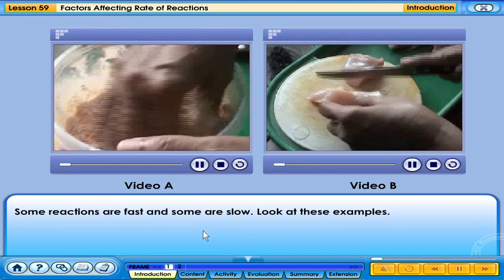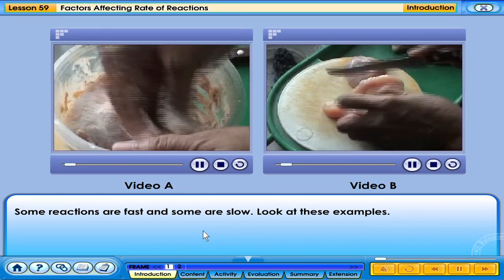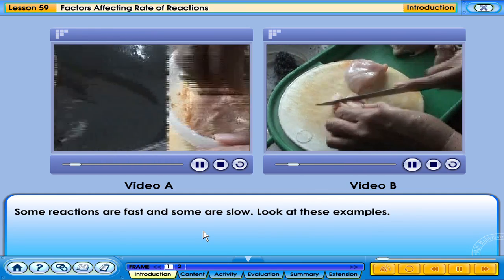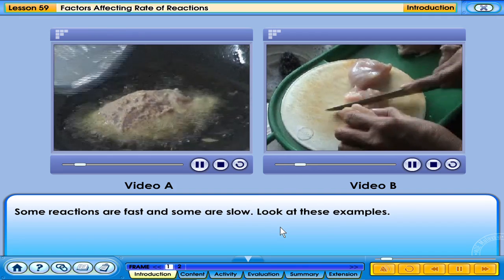Some reactions are fast and some are slow. Look at these examples.